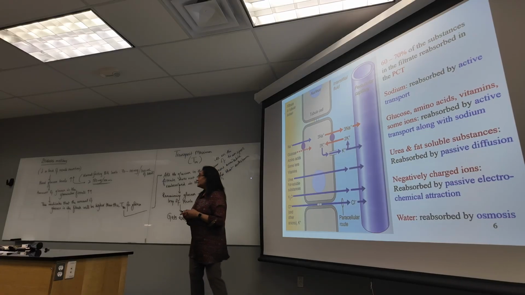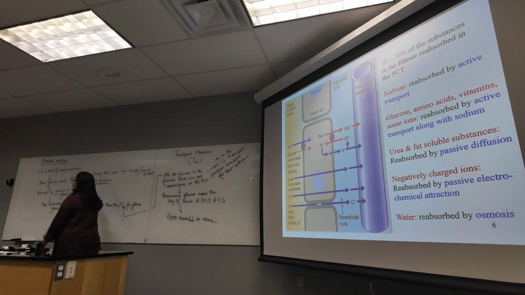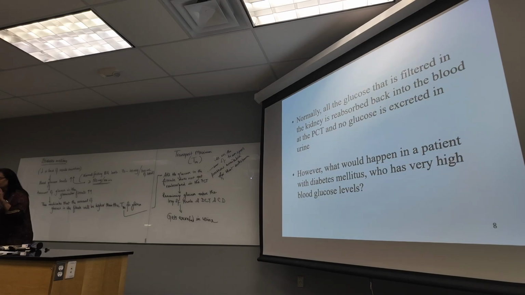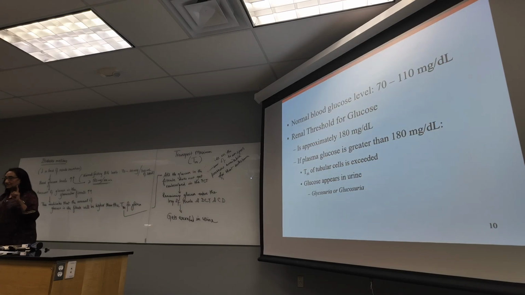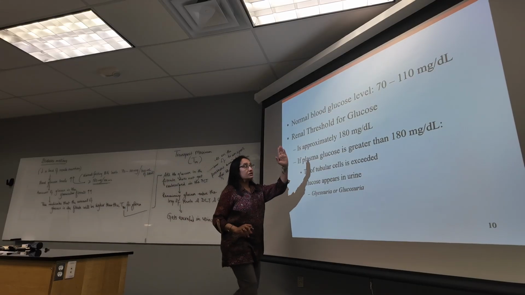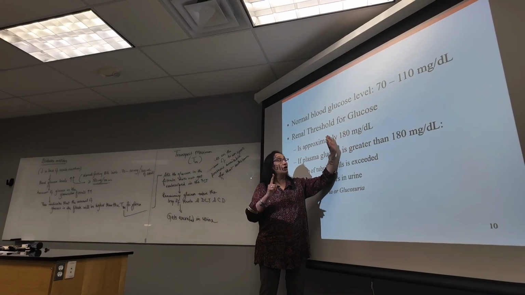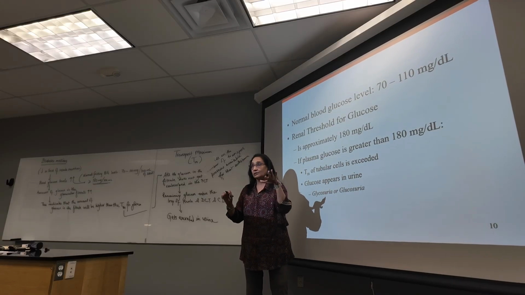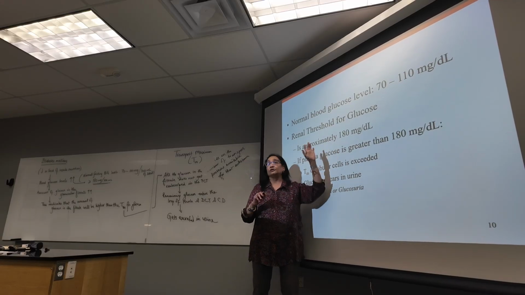Okay? So this is the cutoff point, 180 milligrams. As long as your blood sugar levels are less than 180, even after a meal, as long as your blood sugar levels do not go over 180, you're fine. All the glucose will get reabsorbed.